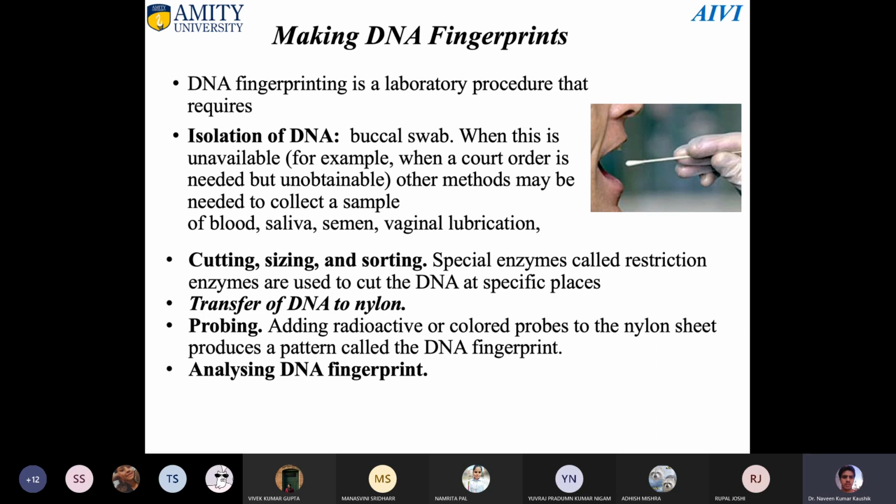So to check whether the meat present there is of a cow, a goat, a buffalo, any other animal, or a pig, their flesh can serve as a sample from which you can generate a DNA profile.